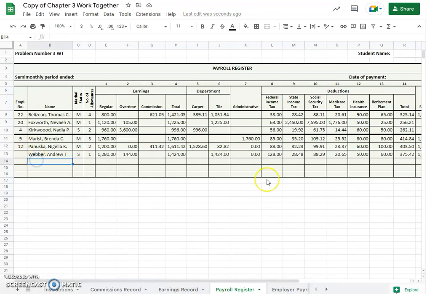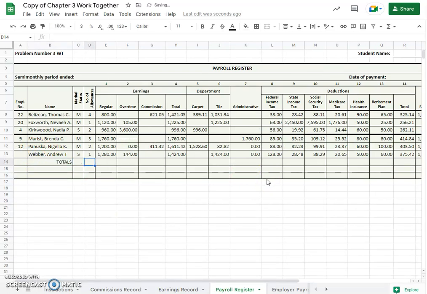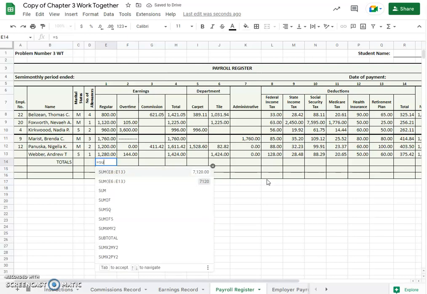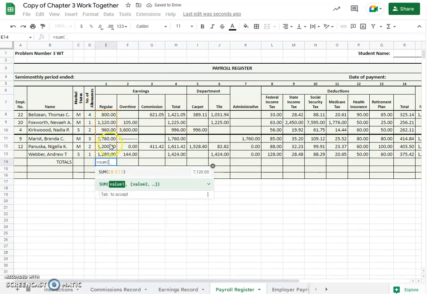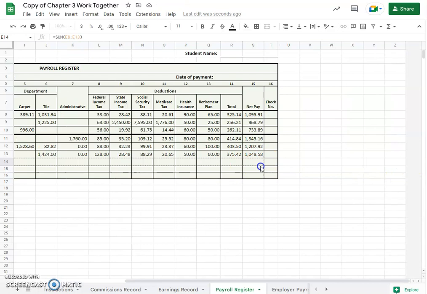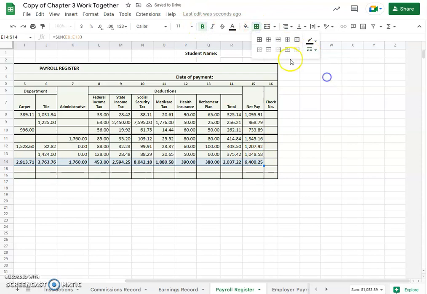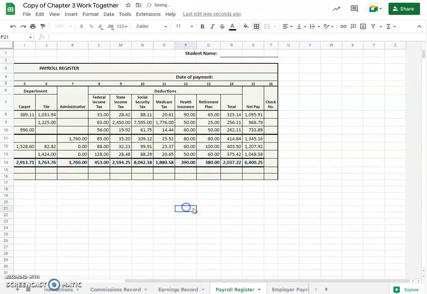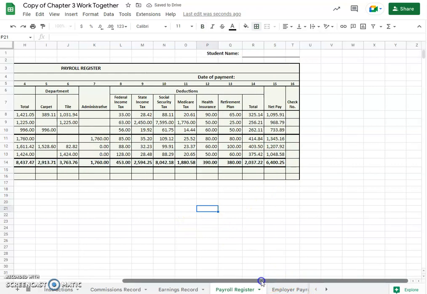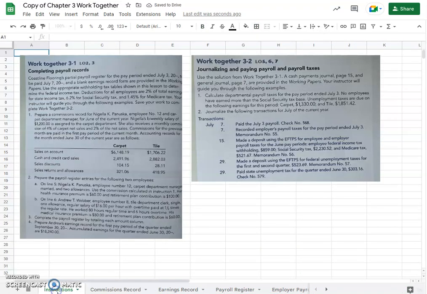The last thing we need to do is calculate our totals here. So we'll just do an equals sum function, and it guessed it. We want to just add those together, and then we'll just drag it across and add up the columns all the way over. And I'm going to do bold and some top and bottom borders that set them apart. Okay, back to our instructions.